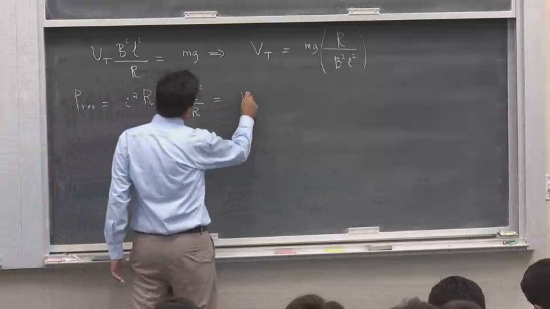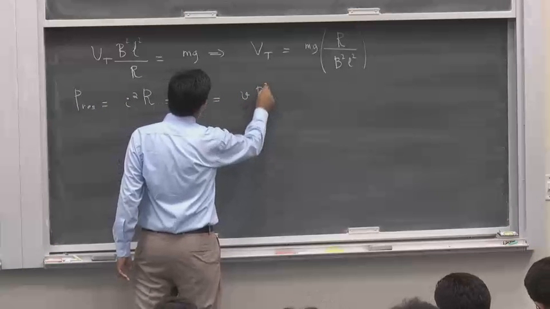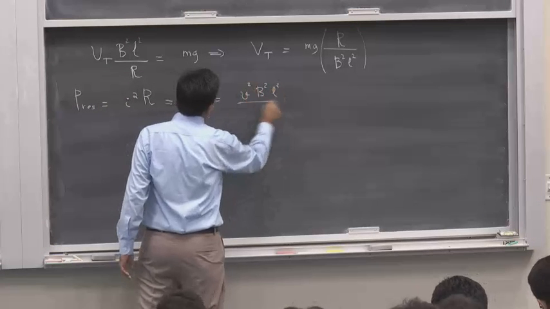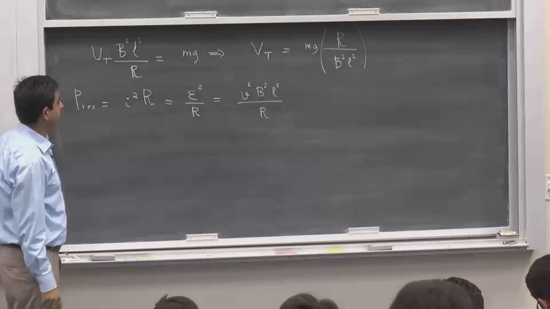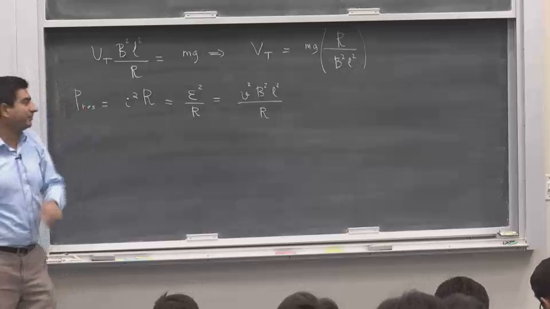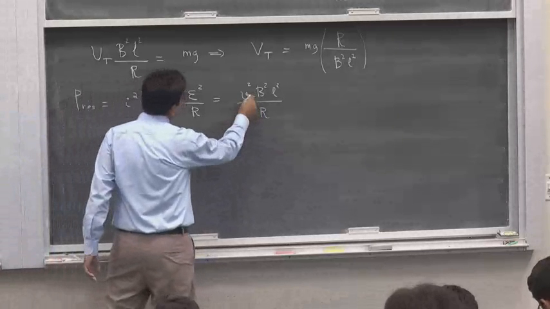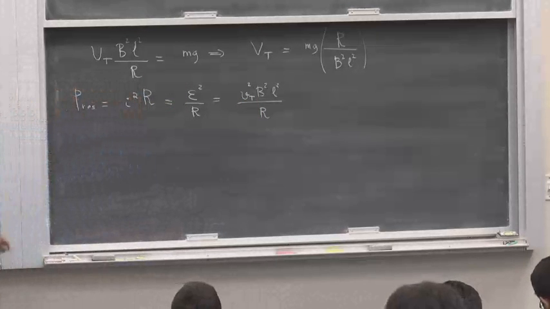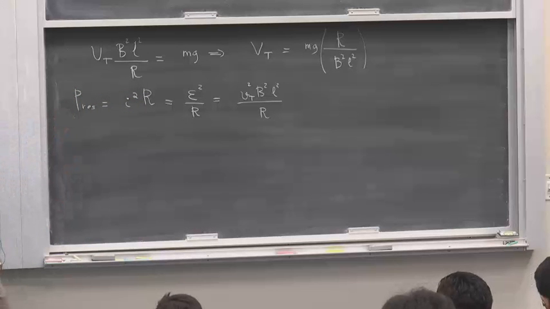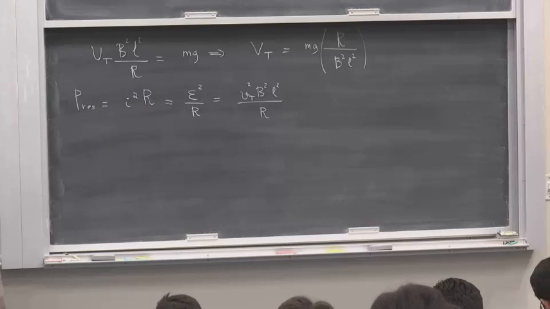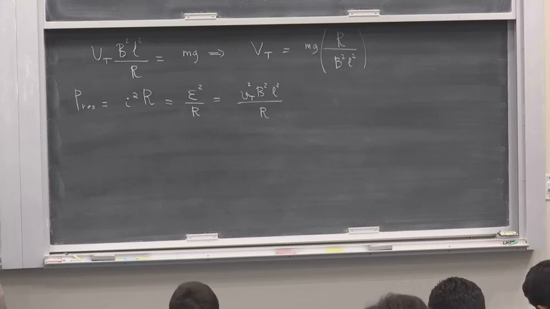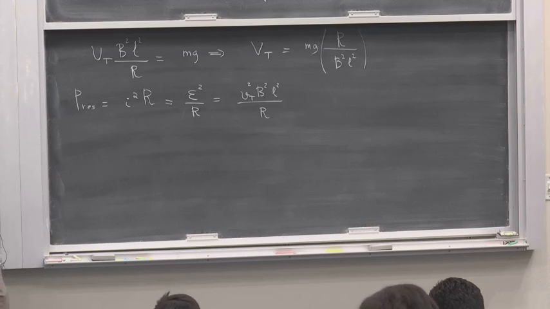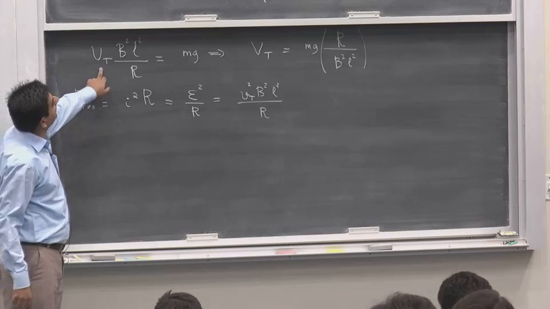The EMF equals V B L. So in equilibrium, I can put the terminal velocity here: Vt squared B squared L squared over R. In equilibrium, this is the power delivered to the resistor.